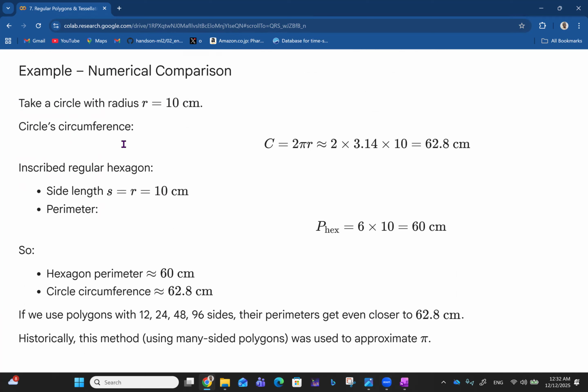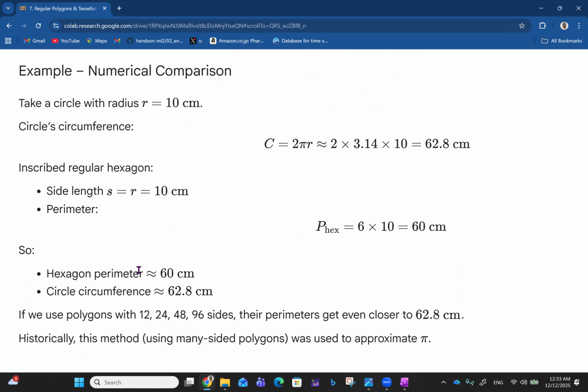So let's talk about a numerical comparison. Take a circle with radius r equals 10 centimeters. The circle circumference is C equals 2 pi r, which is approximately 2 times 3.14 times 10, which is 62.8 centimeters. For the inscribed regular hexagon, the side length is s equals r, which is 10 cm, and the perimeter of the hexagon is 6 times 10, equals 60 cm.